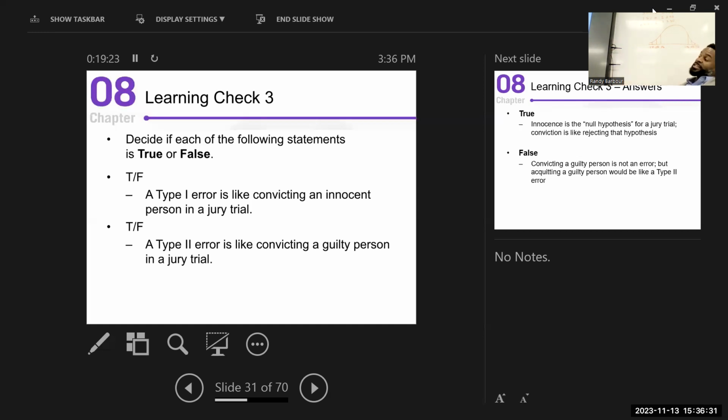So the type 1 error says what? Think about it. It says you're rejecting a null hypothesis that is true, and the null hypothesis in our case means that he's innocent.